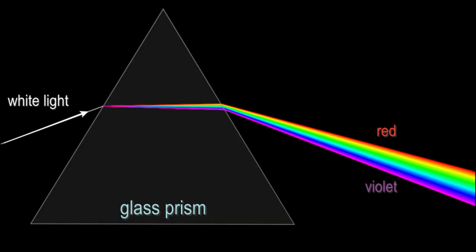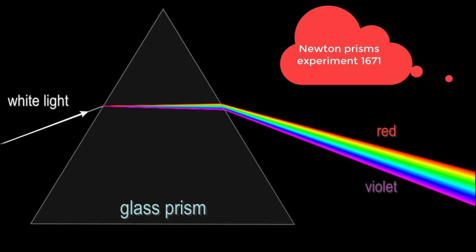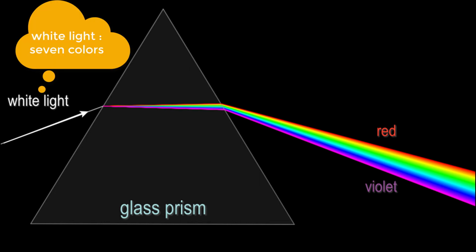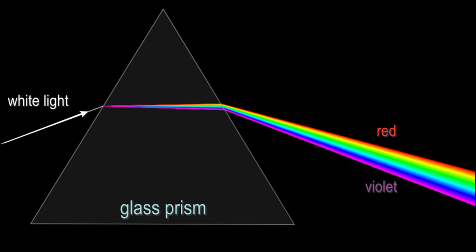Perhaps we could mention here the classic prism experiment by Isaac Newton in 1671. In that experiment, Newton demonstrated with prisms that white light consists of a mixture of 7 colors. Newton was able to conclude at that time that pure white light was composed of 7 visible colors. Just as shown here, when we pass white light through a glass prism, the white light separates into a spectrum of many colors.